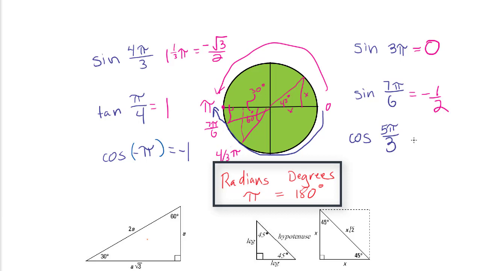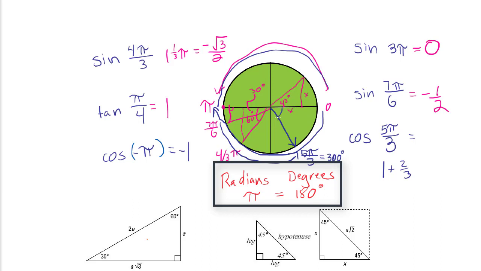Cosine of 5 pi over 3. So in this case, we're going to go pi, essentially, if you want to think about it, plus 2/3 pi. So we'll go around 1 pi, and then we'll go around 2/3 pi, which is essentially 2/3 times 180, or another 120 degrees, which puts us right about there. 5 pi over 3, I would get 300 degrees.